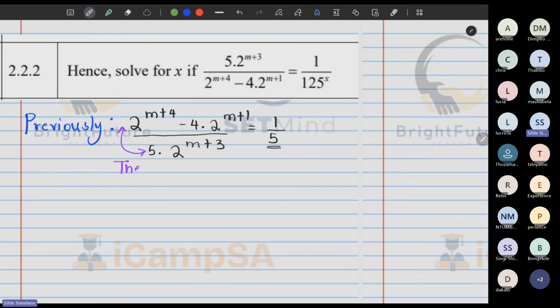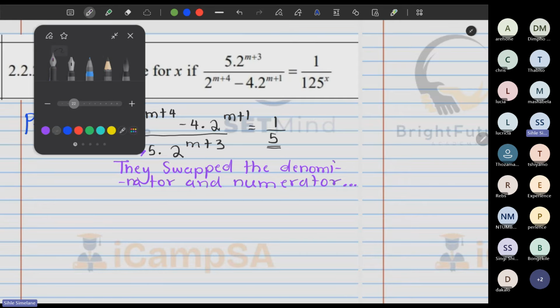So what they did here is they just swapped the denominator and numerator. And they thought we are not going to see that. And we guys are very smart.